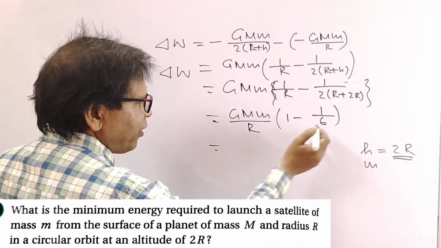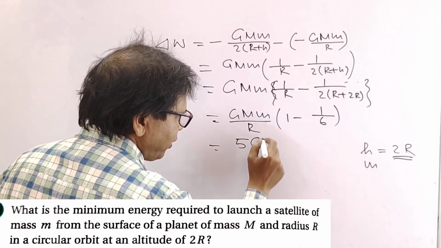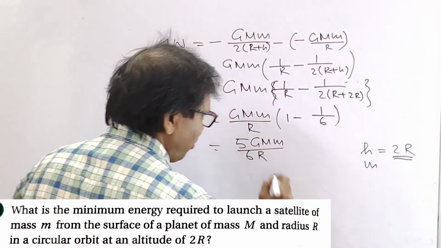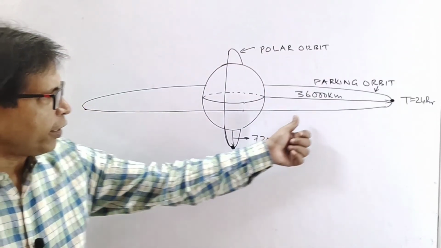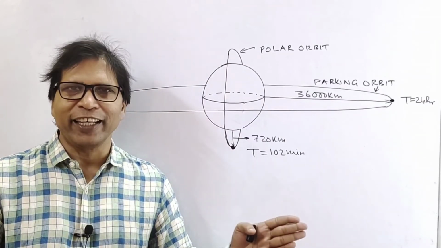So this is 5 by 6, so energy required is 5GMm divided by 6r. Okay, understood?